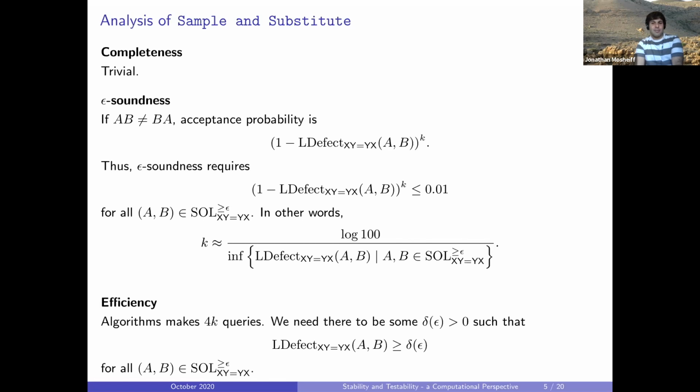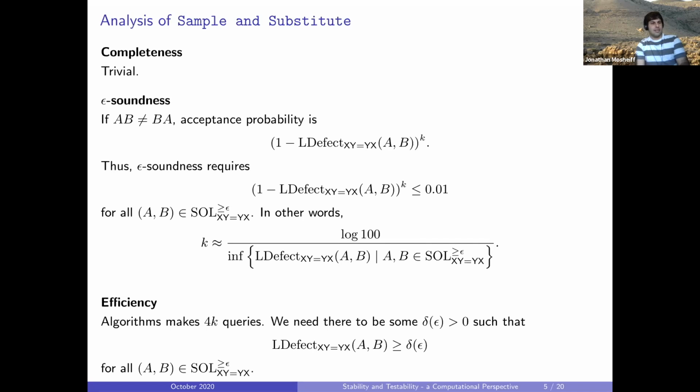We need this to be fixed for a given epsilon. So this is going to be fixed if this infimum is not 0. That is, if there exists some delta that may depend on epsilon, but definitely not on n, such that the local defect of every pair of permutations that are epsilon far from a solution is at least delta.